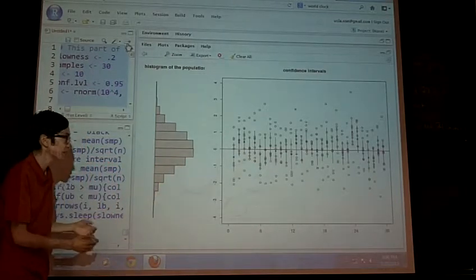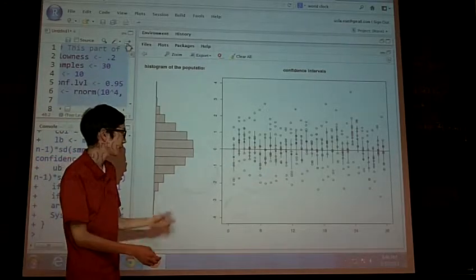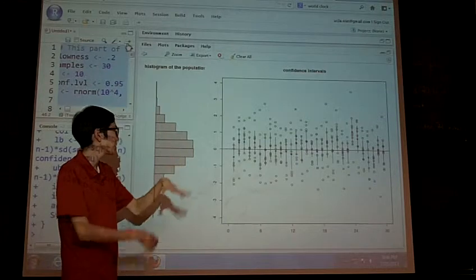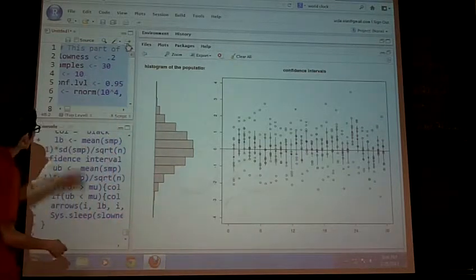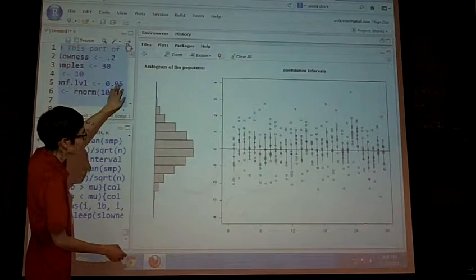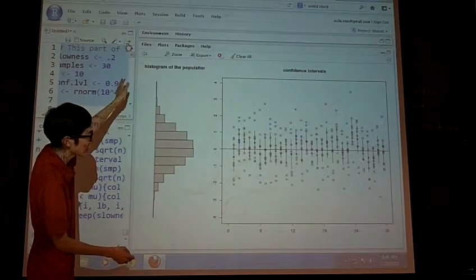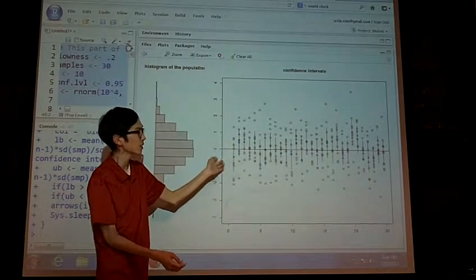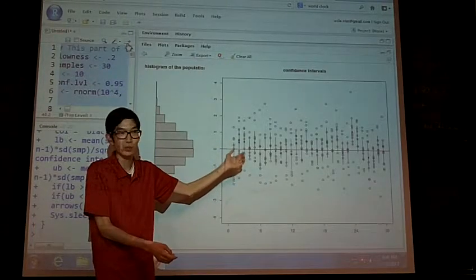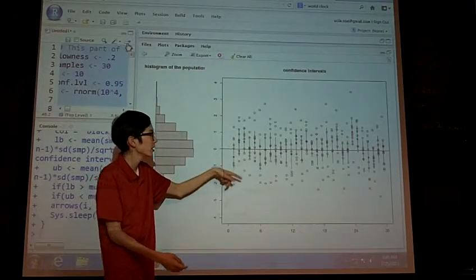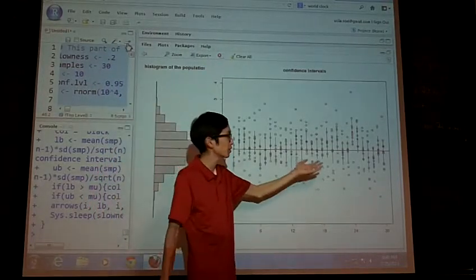Okay. And so what this shows you, by doing this a whole bunch of times, is that, well, we didn't have as many errors as I expected, but with a confidence level of 95%, in general, about 95% of the confidence intervals we produce will capture the population mean mu, and about 5% won't.